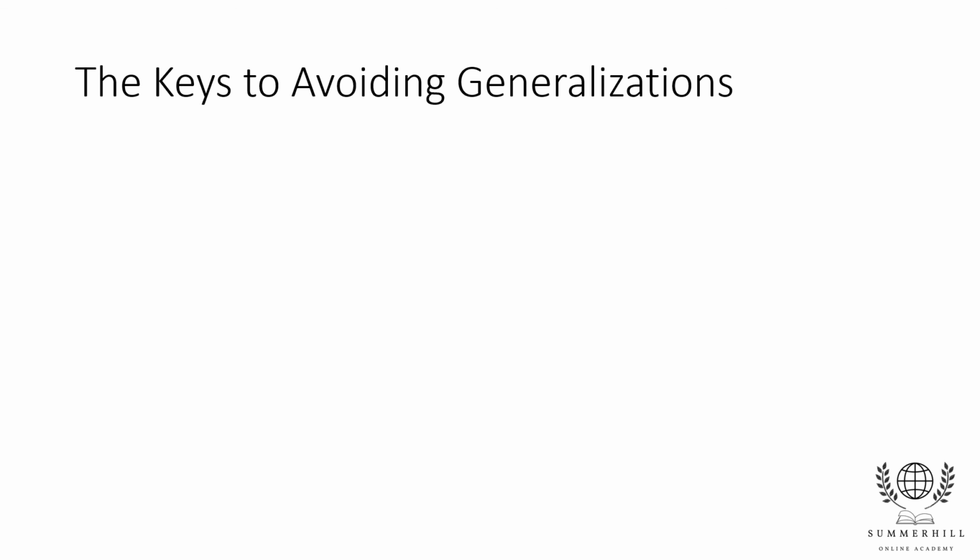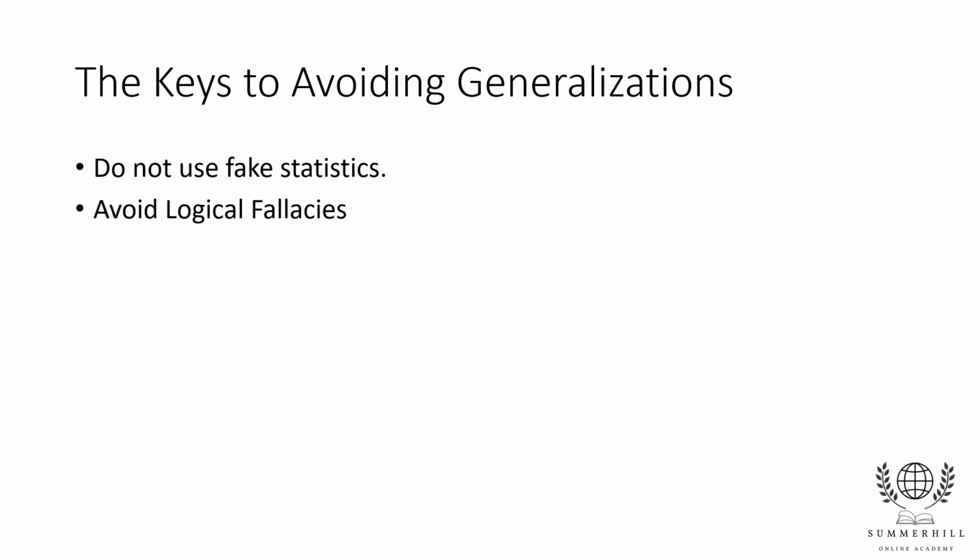And the main keys to avoiding generalizations here are: do not use fake statistics, right? We may sometimes be tempted to use percentages or statistics in order to support a particular idea. But generally speaking, we should try to avoid such statistics because they're usually wrong, as we do not have access to any citation material during the course of the exam.